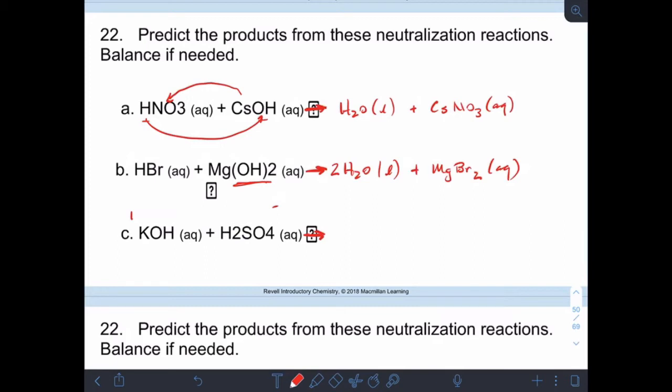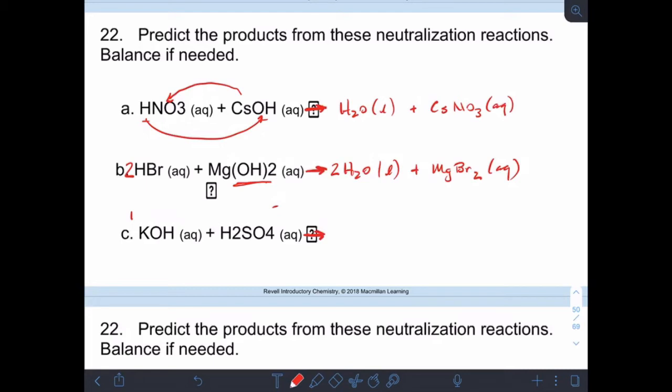Right now I have 3 hydrogens total on the left. But let's take a look. I need 2 bromines on the right and 2 bromines on the left. So let's put a 2 over here. And doesn't that give me 2 hydrogens with the HBr and then 2 more hydrogens with the OH? So that gives me 4 hydrogens total. And there's 1 magnesium on both sides. So there we go.